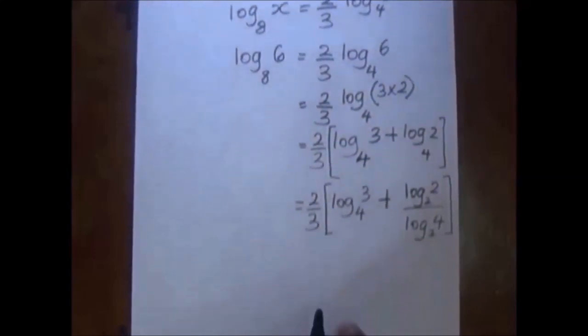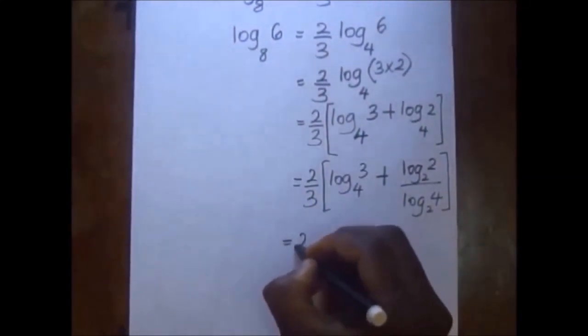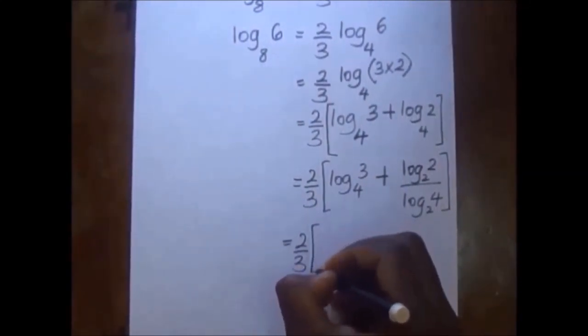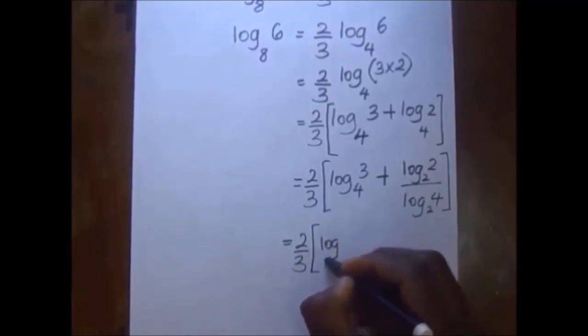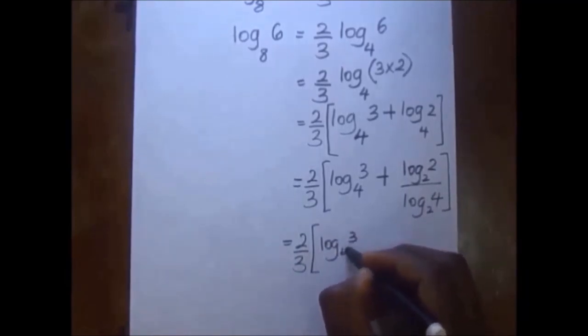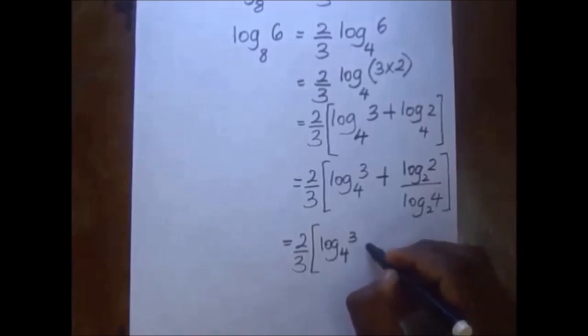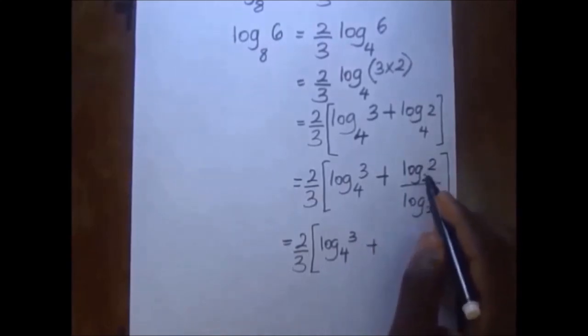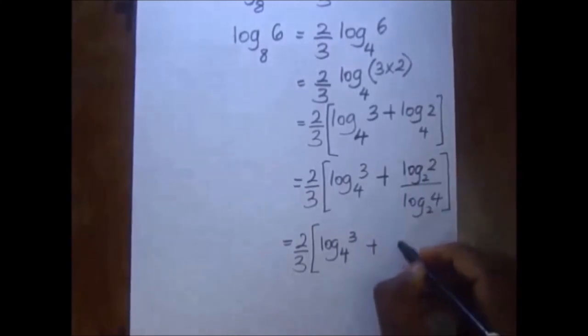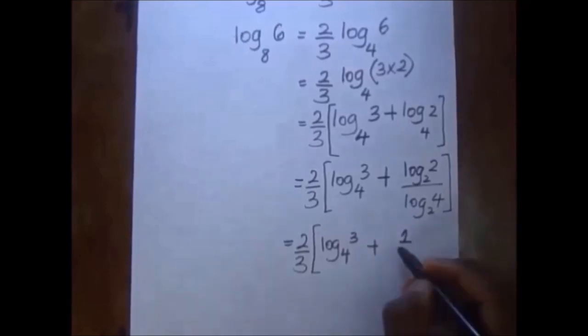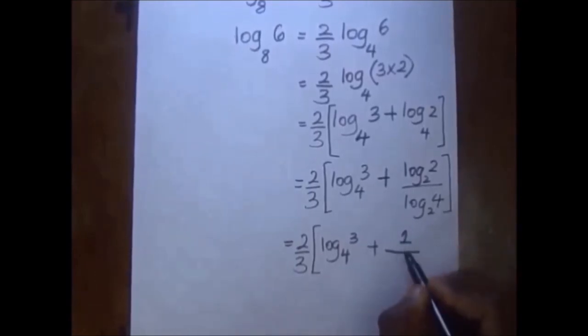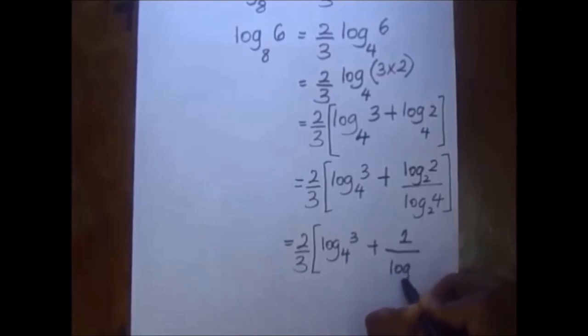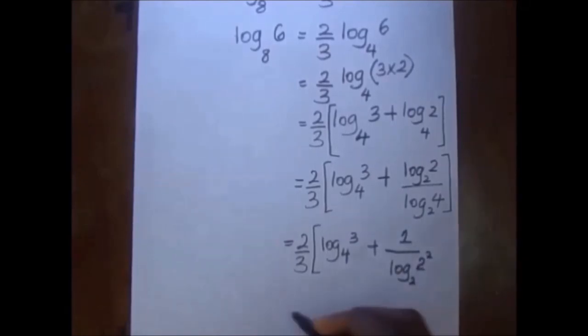So that is going to become 2/3 into log of 3 base 4 plus log of 2 base 2, and that's going to be 1, divided by log of 4 base 2, that is 2 squared.